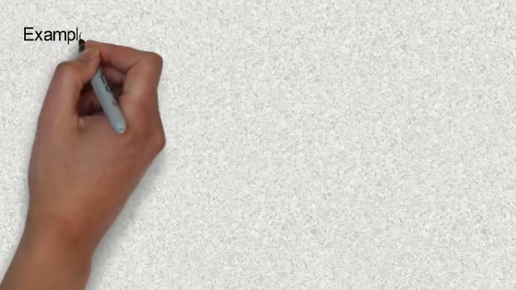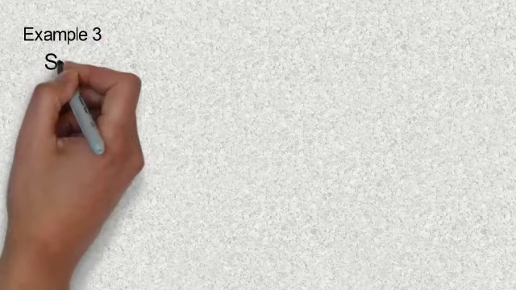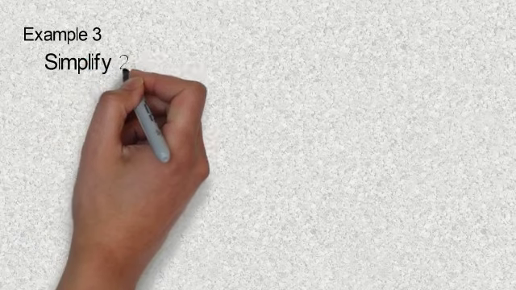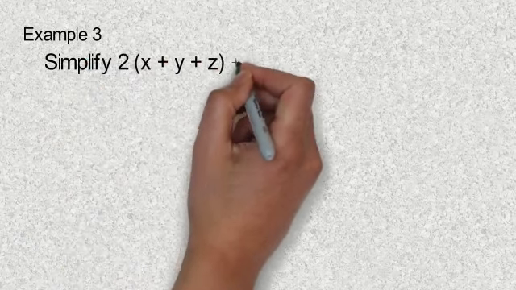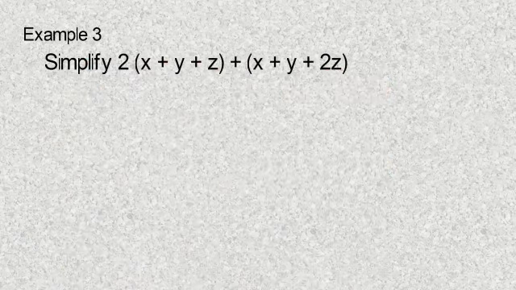Example 3. Example 3 says simplify 2 into bracket x plus y plus z plus x plus y plus 2z. How do we solve this? We have both in brackets, so we open up the brackets. We multiply 2 through by what we have in the brackets. In the first side, can you see that?